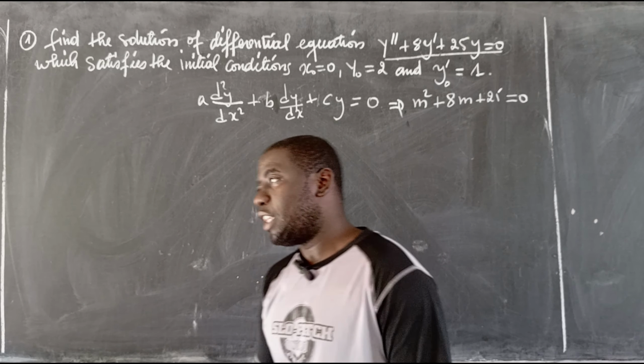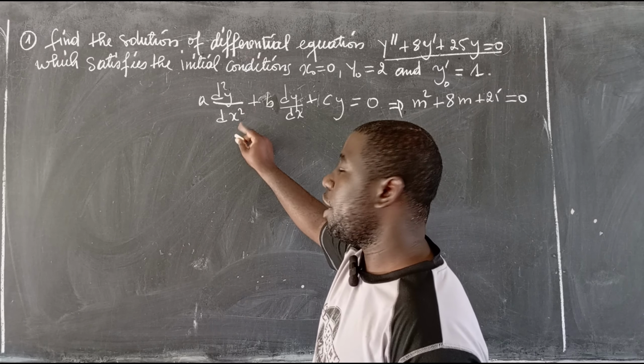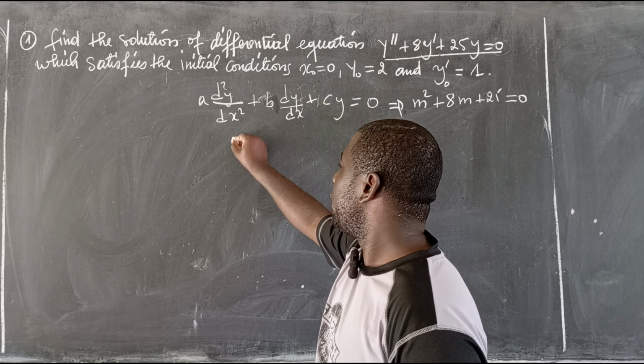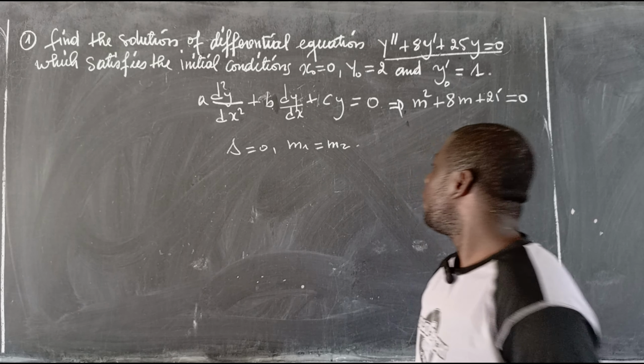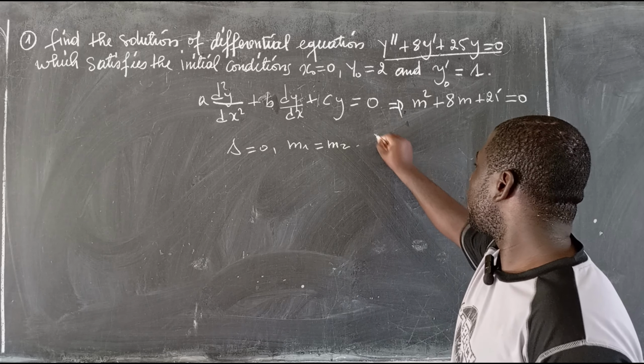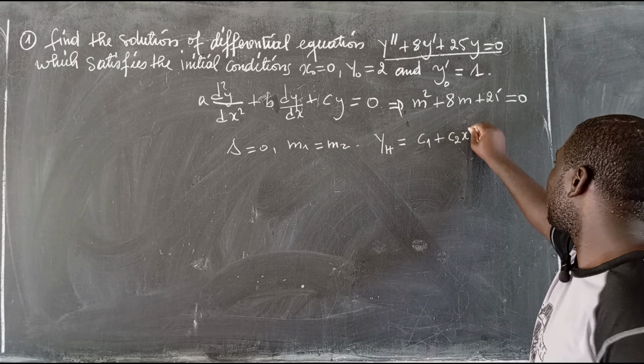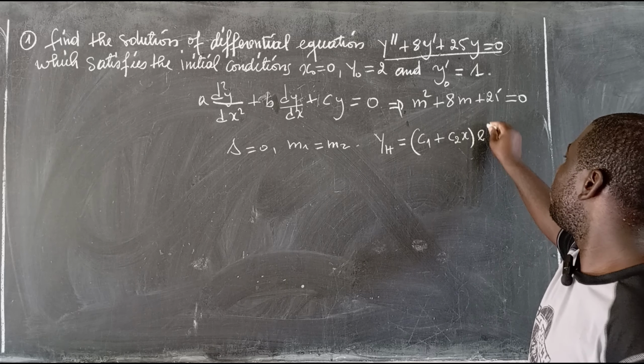As a homogeneous differential equation, when the determinant is equal to 0, we have M1 equal to M2, and the homogeneous solution will be (C1 plus C2x) e power mx.